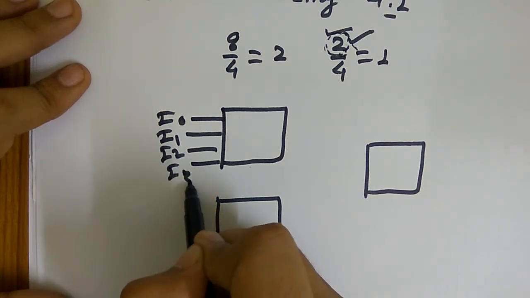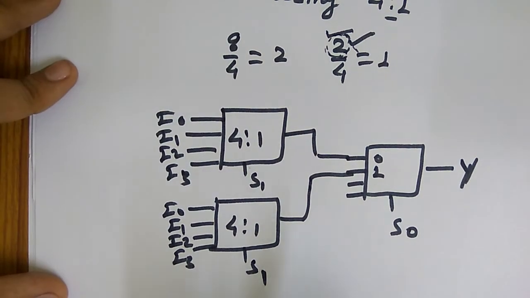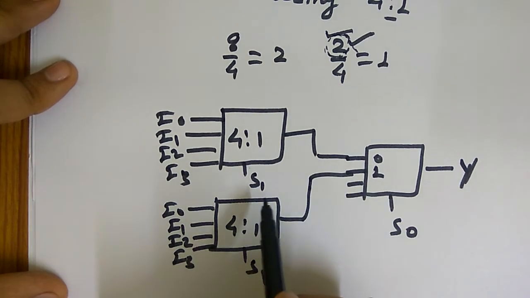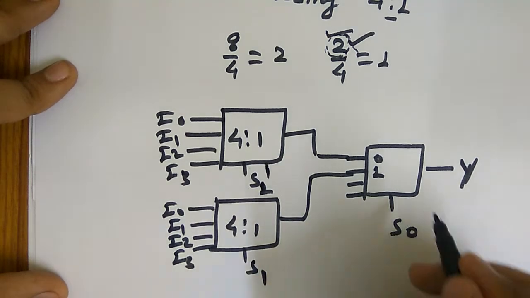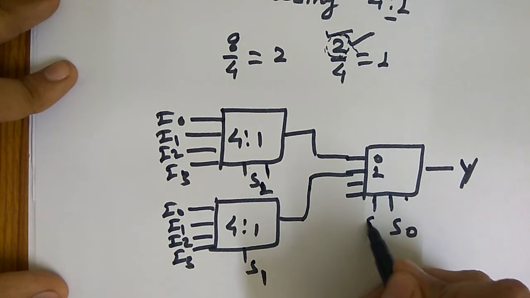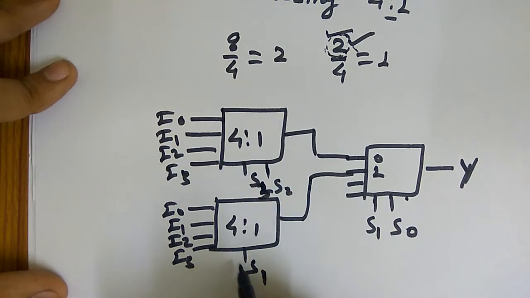I2, I3, and so guys, here I have implemented this one. This will be the select lines, sorry, S0 S1 and S2 S3, and here will be S2 S3, sorry for that.